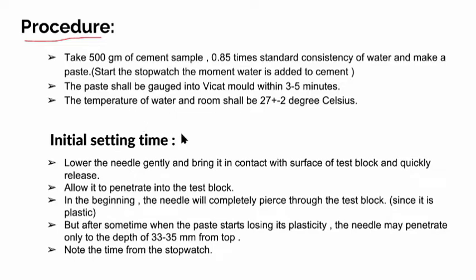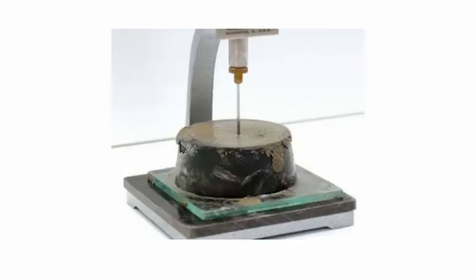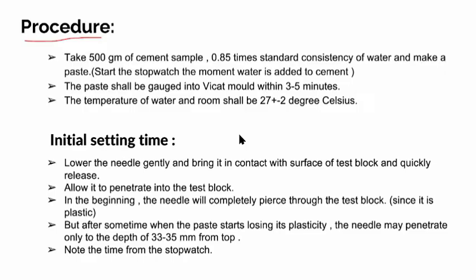For initial setting time, after we place the paste in the Vicat mold, the needle is gently lowered to bring it in contact with the surface. That is, here the needle is gently lowered so that it is in contact with the top of the surface. After that, we allow it to penetrate into the test block.